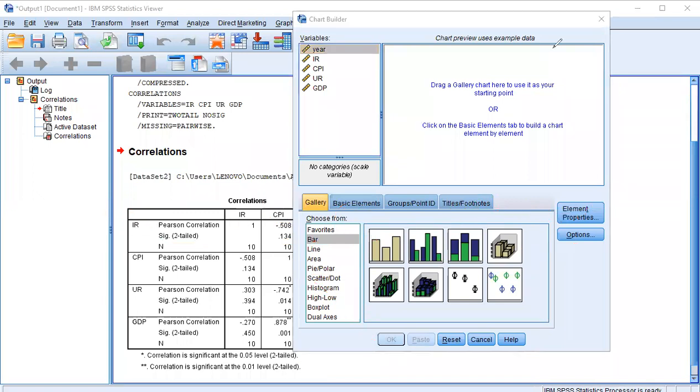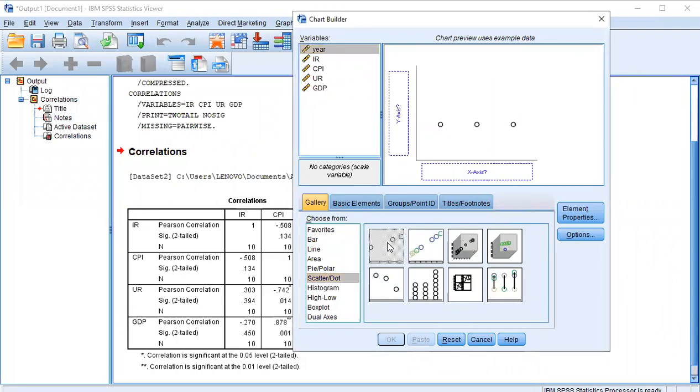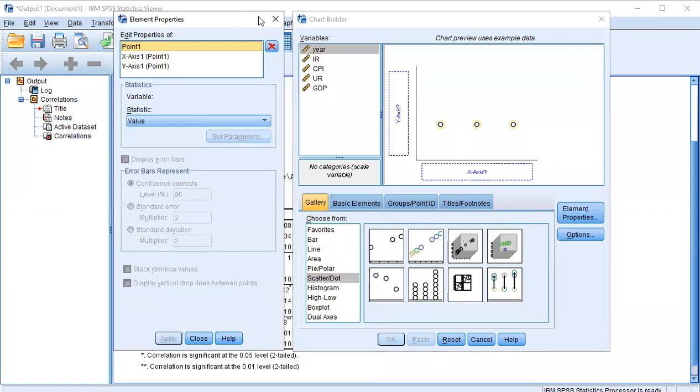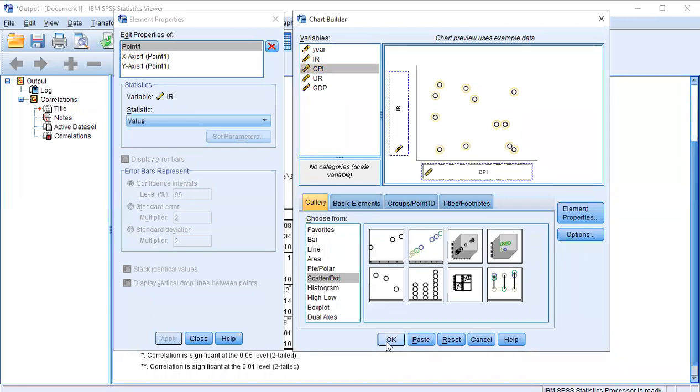You go to scatter, okay, click on scatter, and we want a simple scatter, okay. Either we take a simple scatter or we take a scatter matrix for all the data sets, right? But for now, let me use a simple scatter. So let's look at inflation rates and CPI, and then okay it.